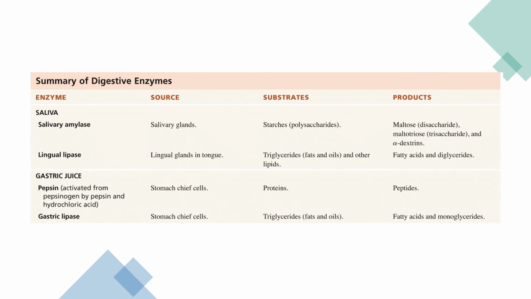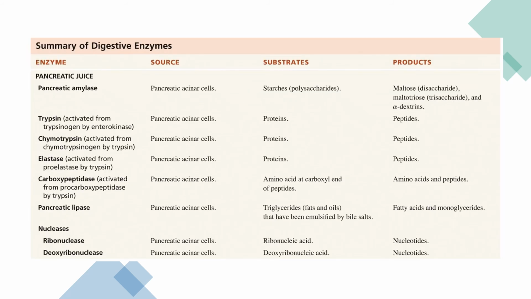This is a super important table showing the summary of digestive enzymes. So it shows the enzymes found in saliva and also the ones that make up gastric juice. This table is going to show the enzymes that make up pancreatic juice.